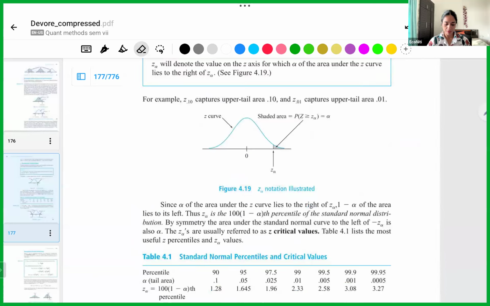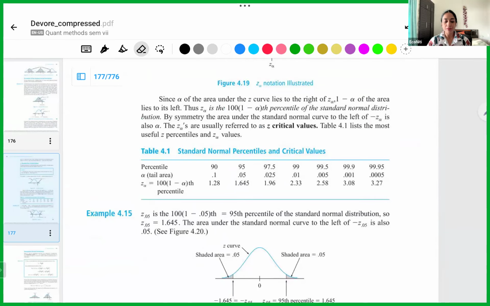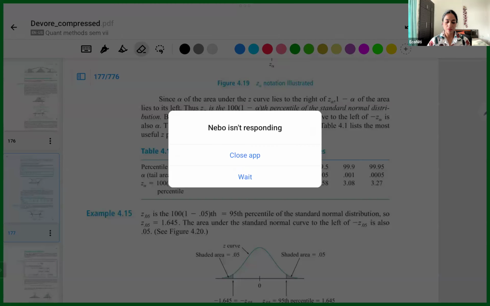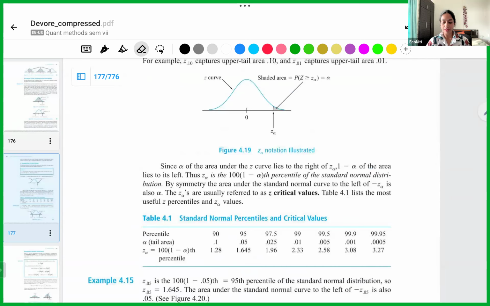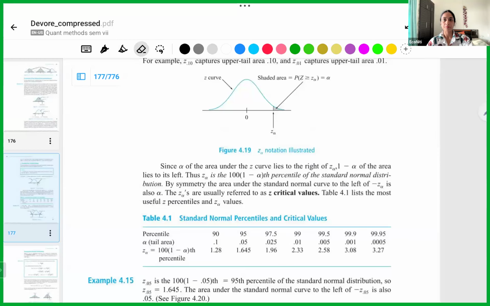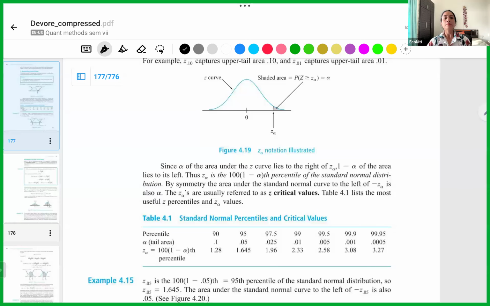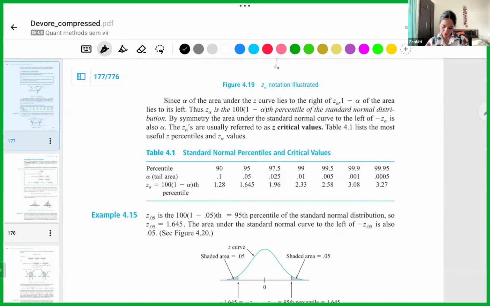Where have they given it? Yeah, over here. So what this property says कि कोई भी अगर standard normal distribution होगा ना, so the percentile properties say that for a standard normal distribution, this is called, have they given it over here?